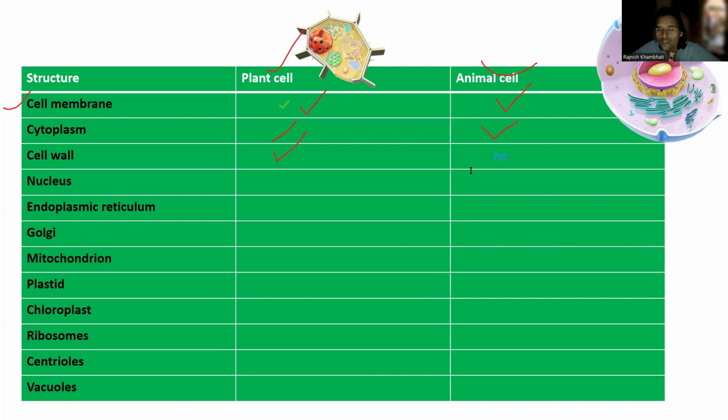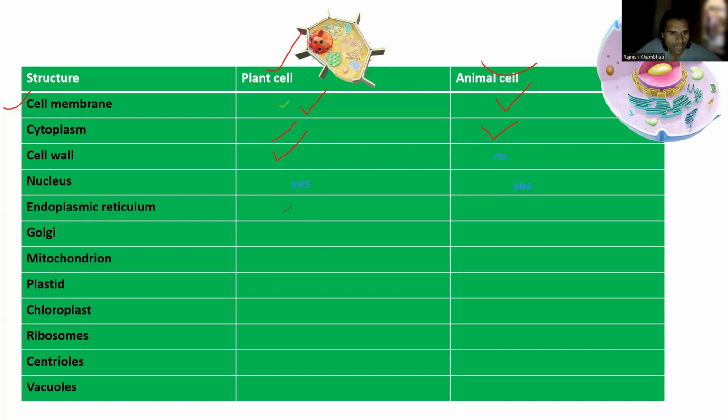The answer is no, they do not have it. Then nucleus. Yes, plant cell has it, and animal cell also has the nucleus. So that means both cells have a nucleus. It is again a common point.